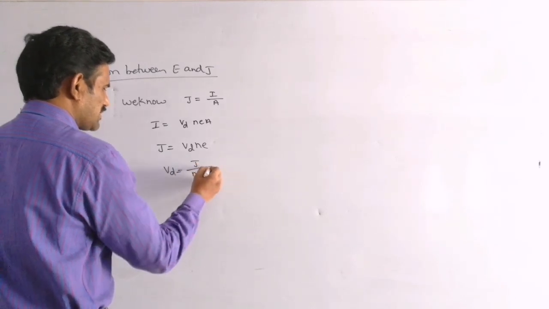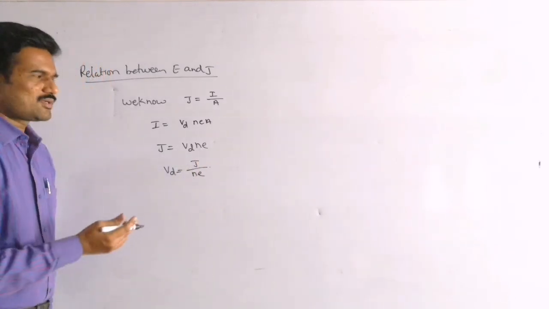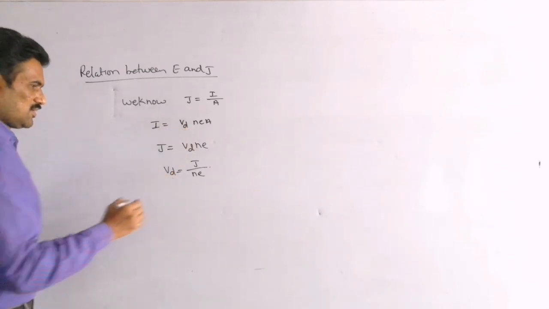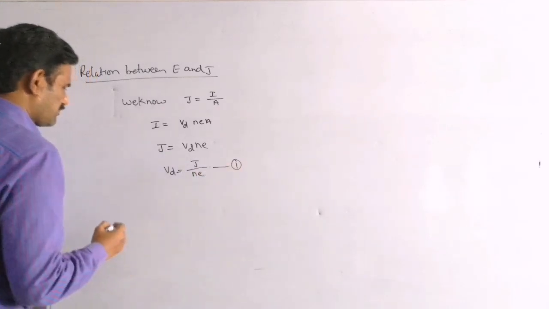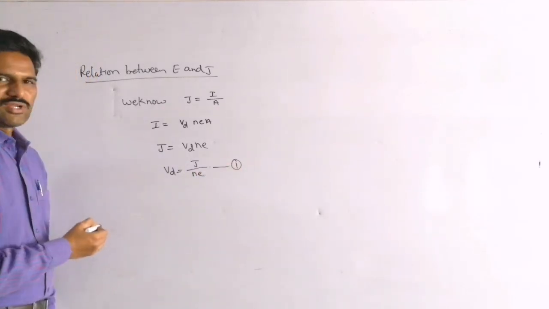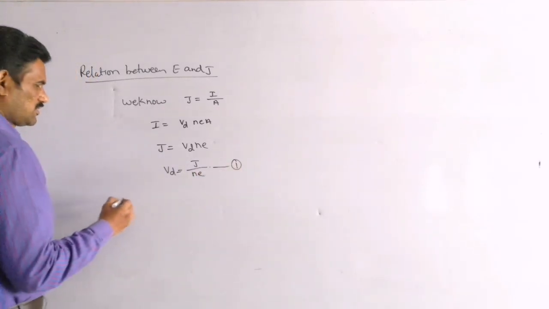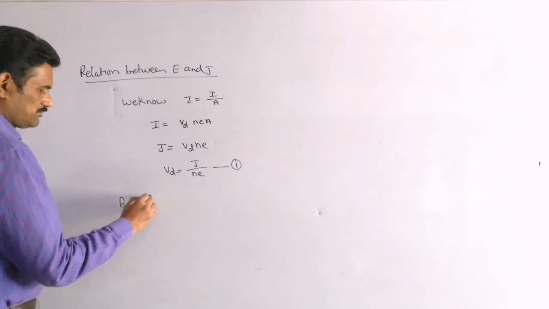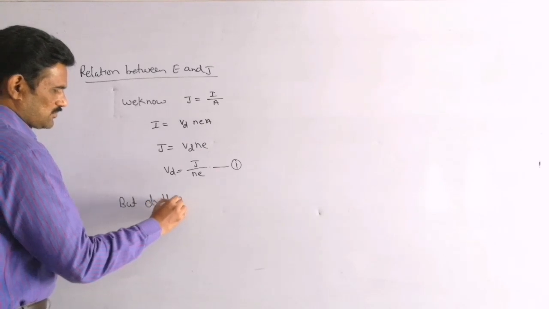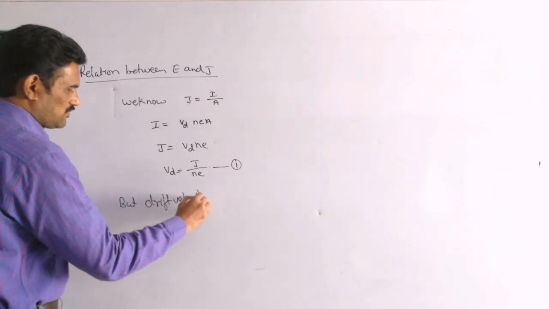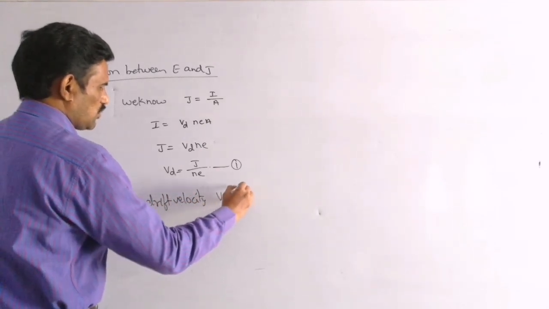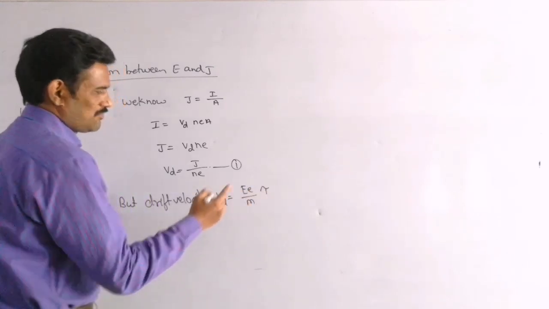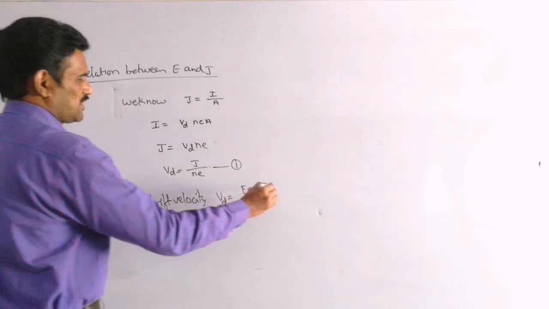So if you are taking this relation, you can directly write it in terms of Vd and J, or in terms of Vd and E. Let's say this is equation 1. Next, previously we already defined the drift velocity formula: Vd is equal to eE by m into tau, right? This is the second equation.